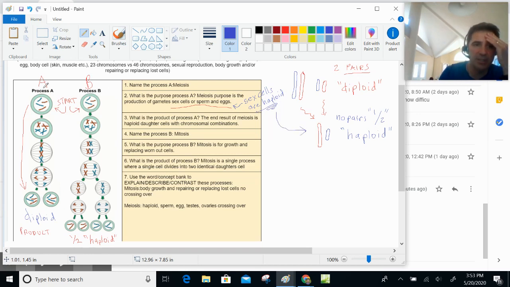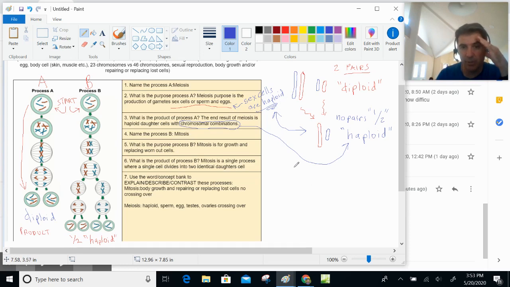So do you see what I'm saying? Process A makes diploid. You said, what's the product of process A? The result of meiosis is haploid daughter cells with half the chromosomes. Why? Because we want to make sex cells, and sex cells have to be half, right? Got to be half.